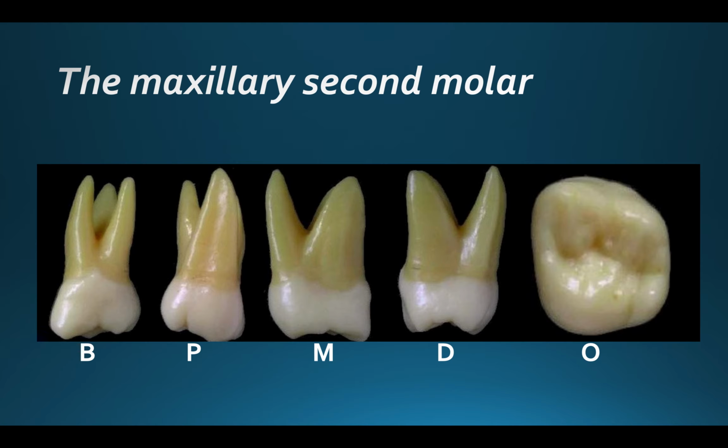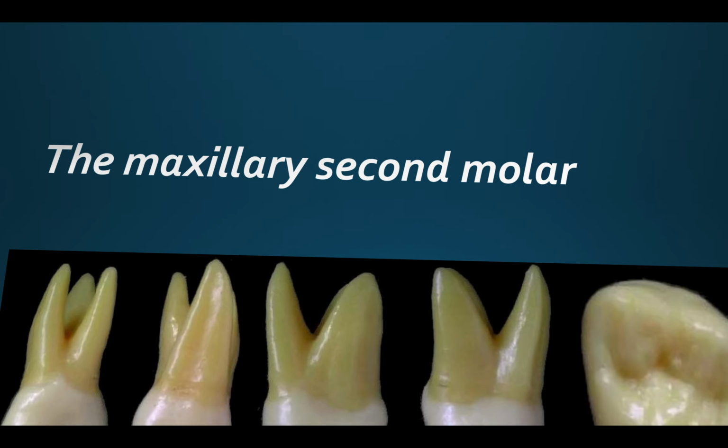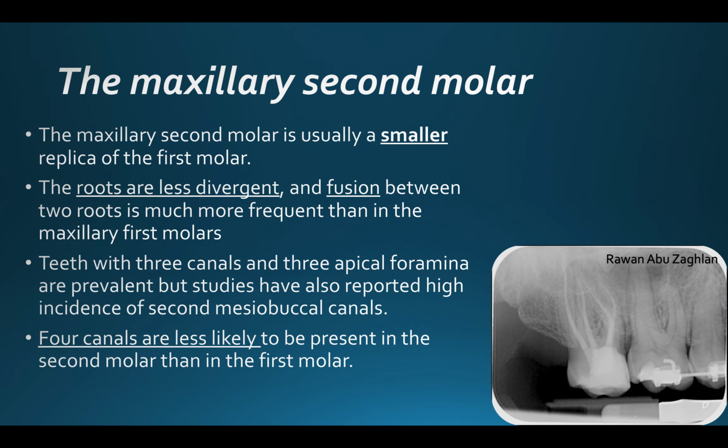So a second mesiobuccal canal in the mesiobuccal root of the second maxillary molar is less likely to occur than in the maxillary first molar.